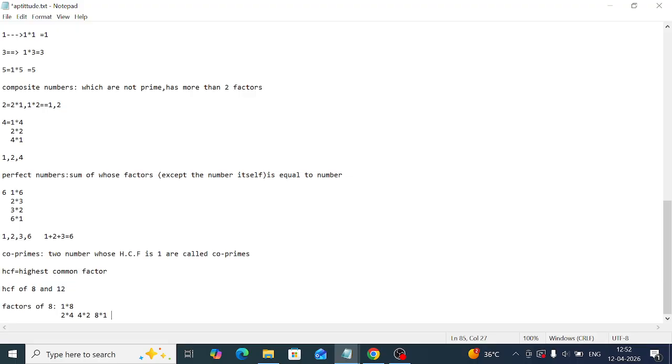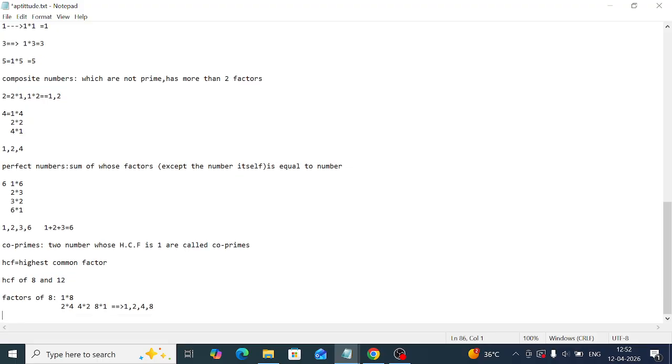So check the common factors. What are the factors? 1, 2, 4, 8. Okay. Next, factors of 12 you can also find out. What are the factors of 12? Tell me. 12 means what? 1 into 12.